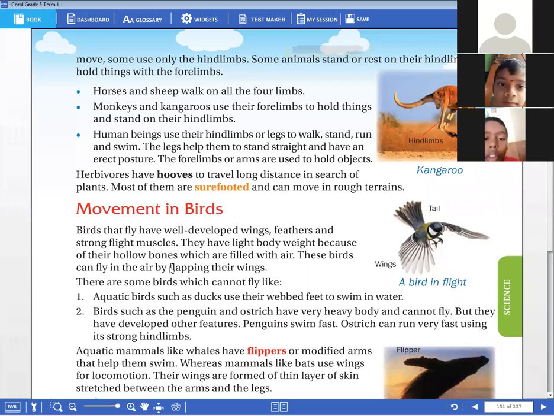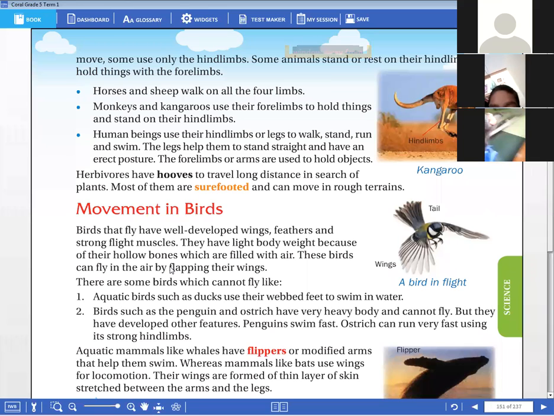For example, see, children, the birds which are fatty, which have more weight, can they fly, children? For example, in our daily life, a chicken, can it fly? It just jumps. For fear, it jumps onto the rooftops and moves here and there, but it can't really fly in the air because its body weight is more.